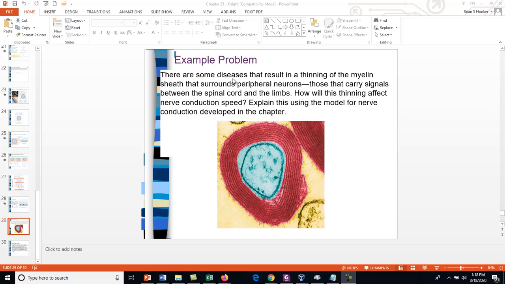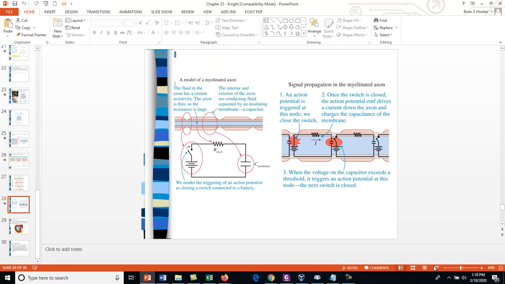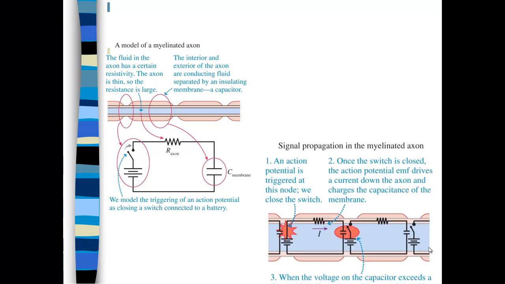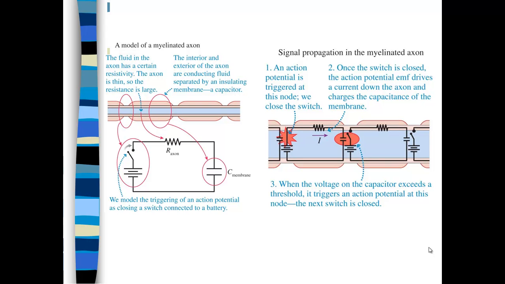Okay, so I looked at this example problem again, and it turns out that, going back to this previous figure, this is no longer an adequate representation of signal propagation in a myelinated neural axon. And I have an update in the new edition of my book.